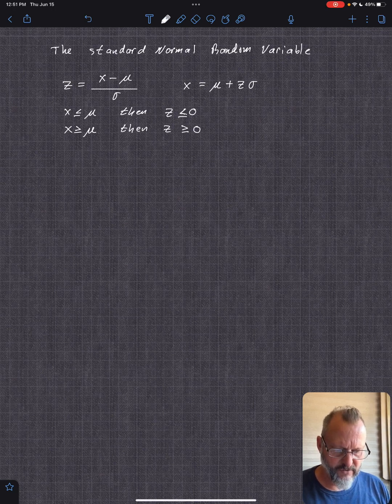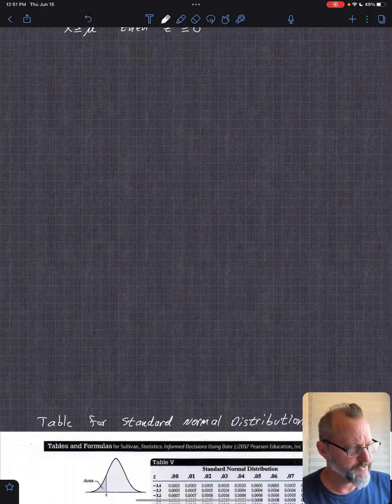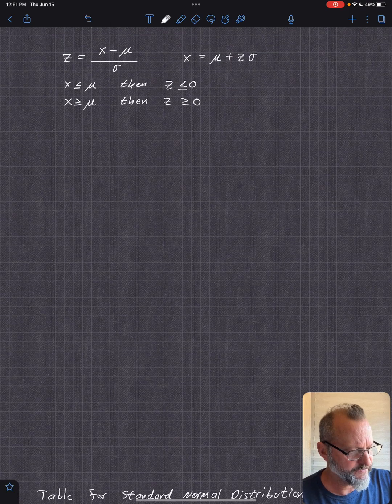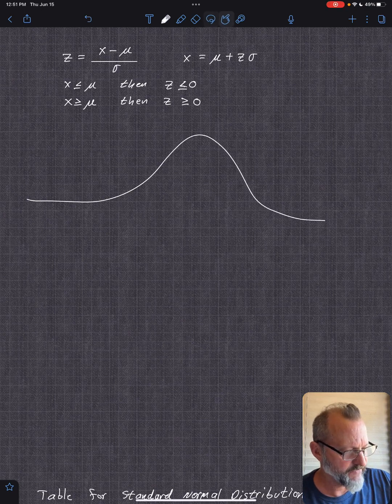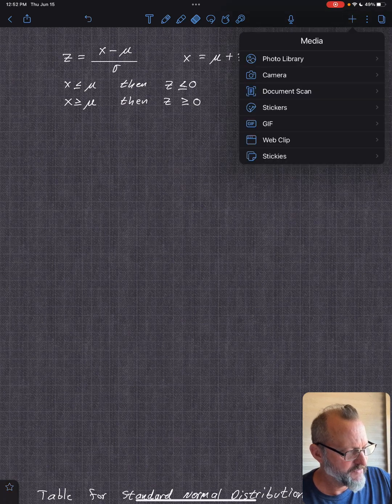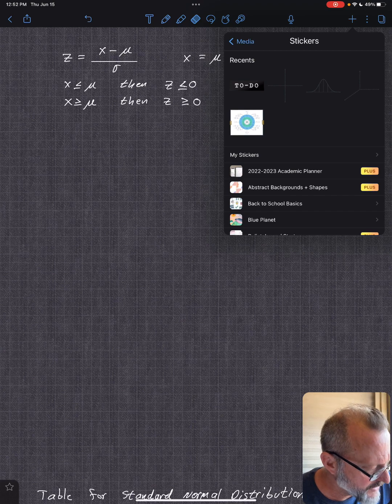Okay, so we are interested in those probabilities. Let me go back to that graph. Let's do another one. I knew I couldn't draw that very well. Let's just add one. Let's add the stickers. I just added one in here.